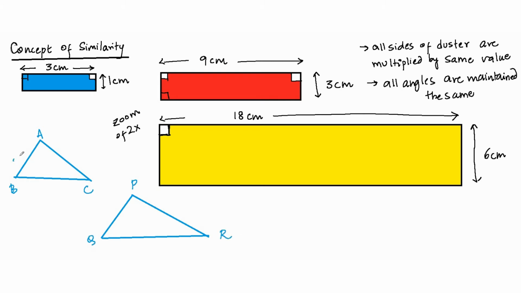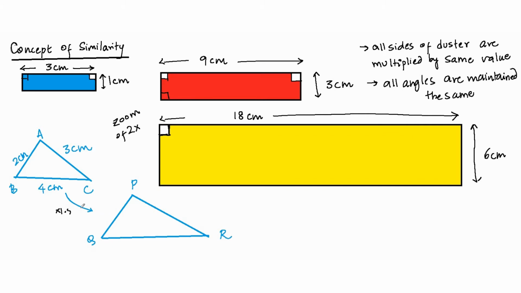Now if this side AB is 2 centimeters, AC is say 3 centimeters, and BC is 4 centimeters, then if I want to construct a triangle which is similar to it, let us magnify the triangle. Magnify the triangle means let's make it bigger. Assume that I'm multiplying each side, so AB is multiplied by 1.5 times.